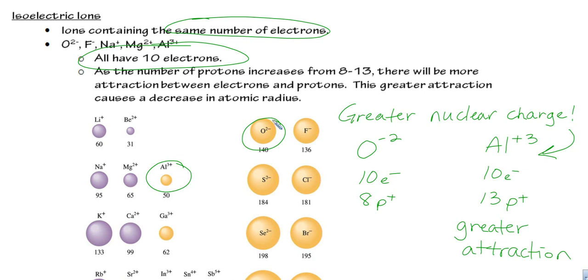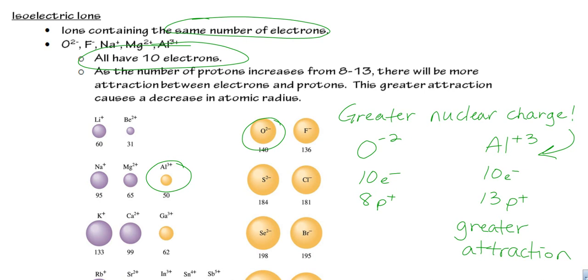When you have an isoelectric series, meaning check those ions and see, are they all going to gain or lose electrons to the point where they have the same amount of electrons? Then the smallest radius is the ion with the most protons. It's tricky.